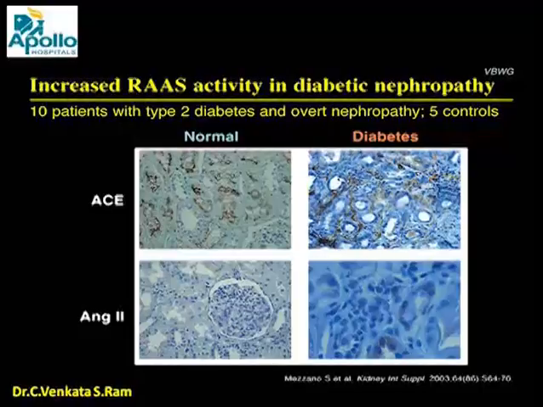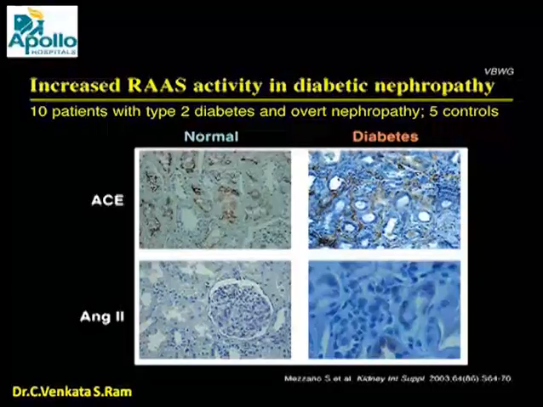You will notice the diabetic kidney is thickly populated with angiotensin converting enzyme and thickly innervated by angiotensin. So there is greater density of the renin-angiotensin system in the diabetic kidney, and the renin-angiotensin system in the diabetic kidney is not an innocent bystander, but it causes considerable harm.